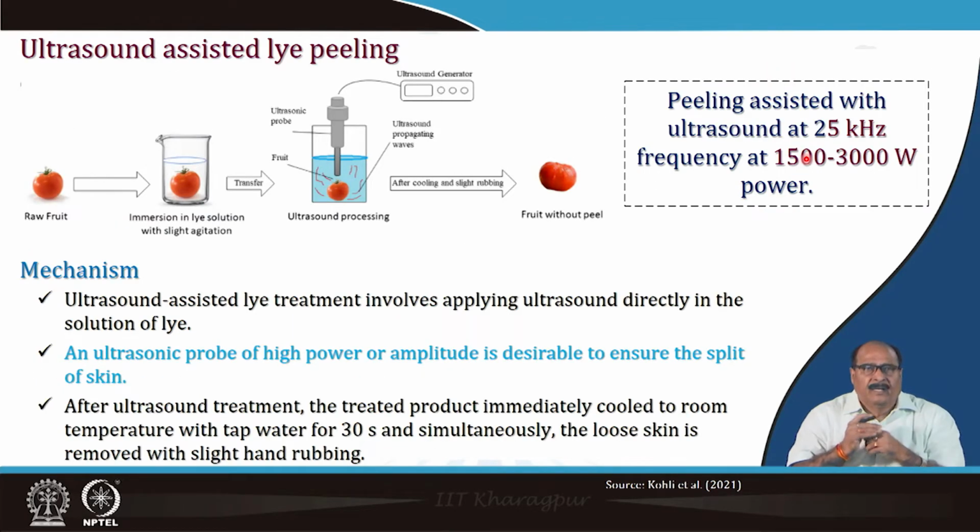Okay. Then ultrasound assisted lye peeling. Here the peeling is basically assisted with ultrasound. In the earlier case we saw that the fruit is dipped into the hot lye solution.